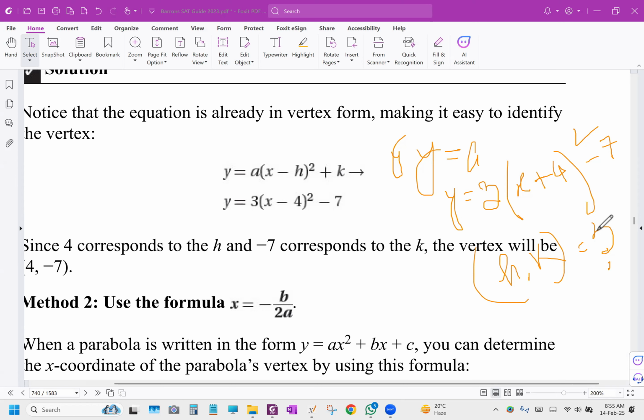Why? Because h is the opposite and k stays the same.